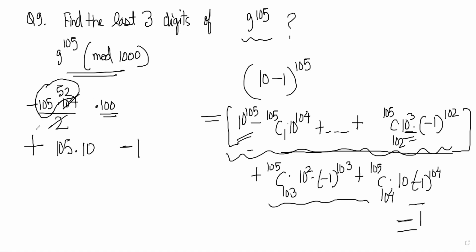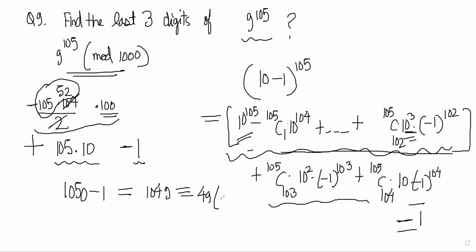So this whole thing is a multiple of 1000. You can calculate it and check, it will be a multiple of 1000. So that is going to be 0 mod 1000. So we have to only worry about this, which becomes 1050 minus 1, which is 1049, which is basically 49 mod 1000.